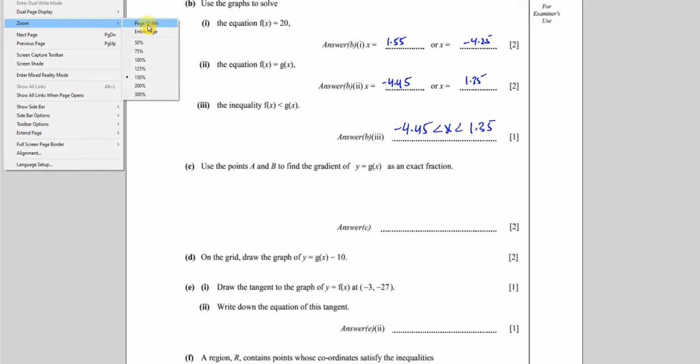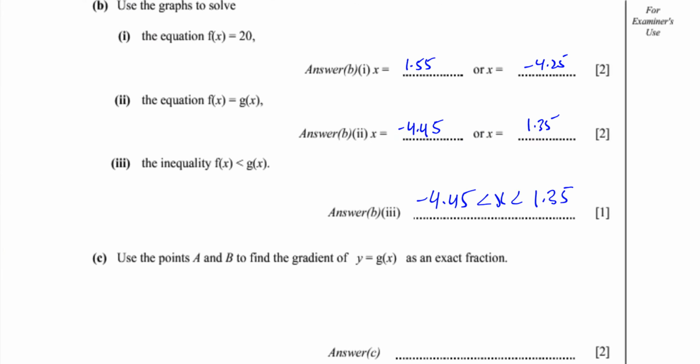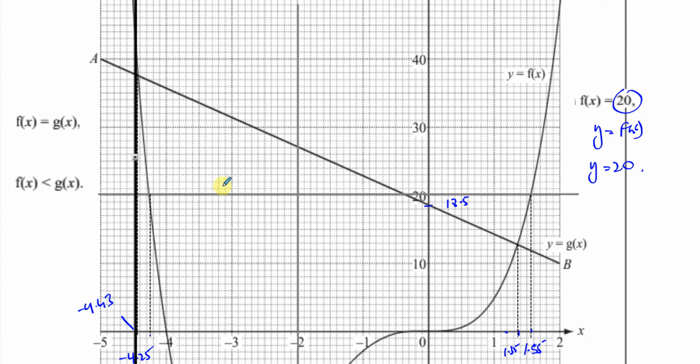Then it says use the points A and B to find the gradient of y equals gx as an exact fraction. So let's just go back. We've got to find the coordinates of the points A and B. Now A is this point over here. If you look at the point A, it's minus 5, 40.